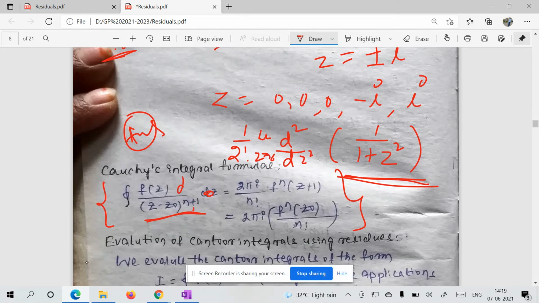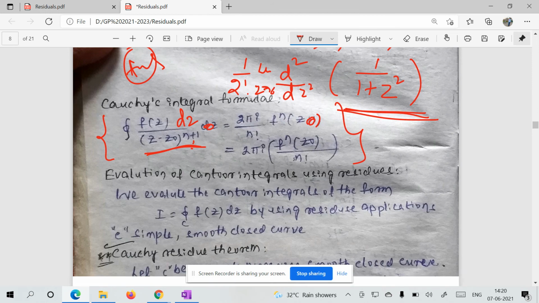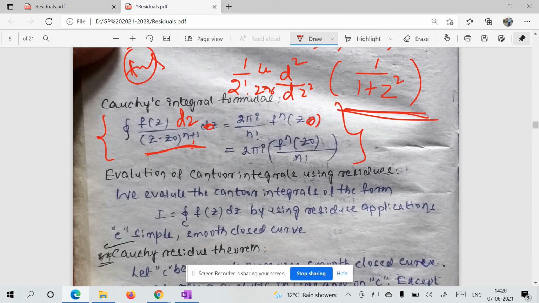That is, the integral of f of z dz by (z minus z naught)^(n+1) is equal to 2 pi i into f^n(z naught) by n factorial. This is the formula.